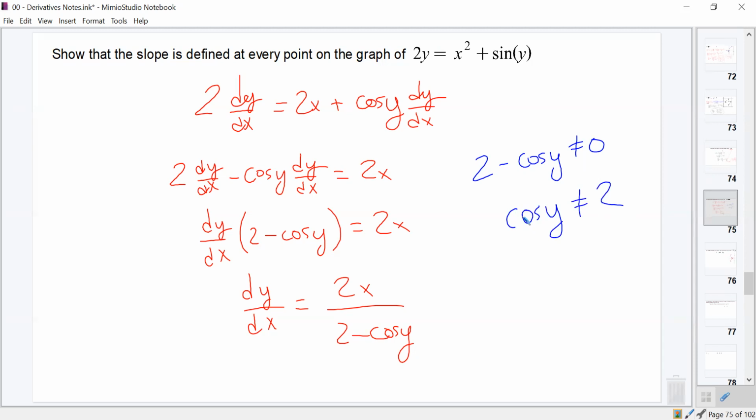Well, the good news is cosine y never equals 2, because the range of cosine is -1 to 1. So we'll never get an output from the cosine function of 2. Therefore, this thing is never undefined.